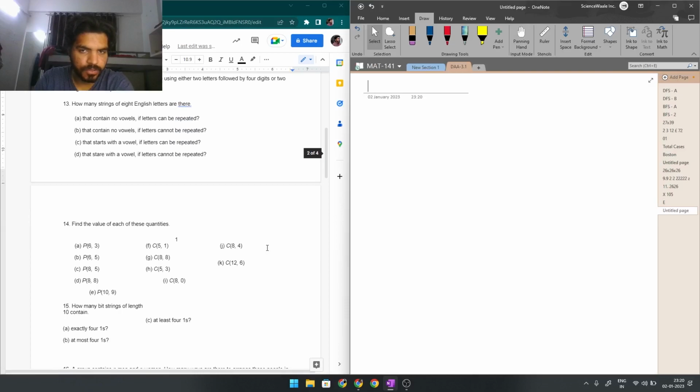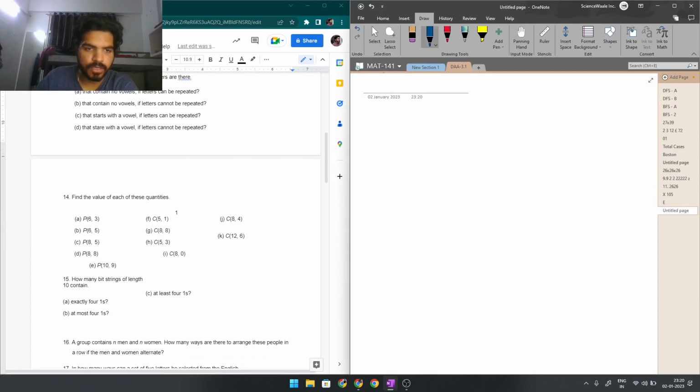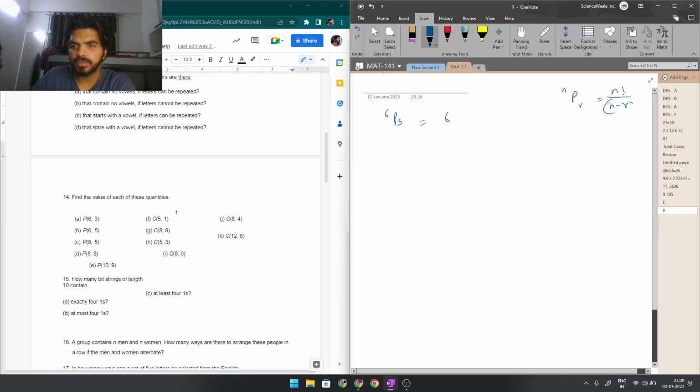Moving on to the 14th question, we have to calculate 6P3. The formula for permutations, nPr, is equal to n factorial upon n minus r factorial.